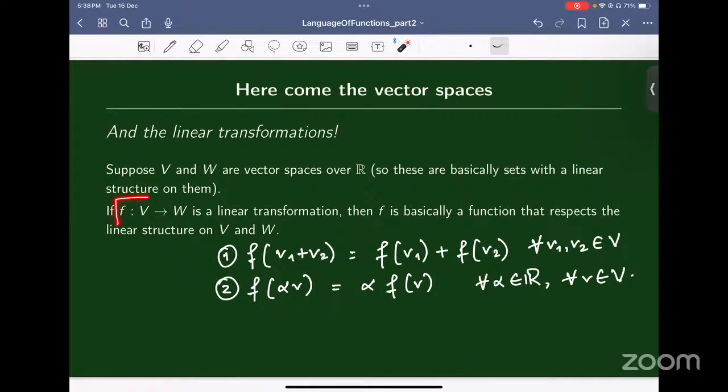If f from V to W is a linear transformation, then f is a function that satisfies the following two properties, which amounts to saying that f respects the linear structure on V and W.